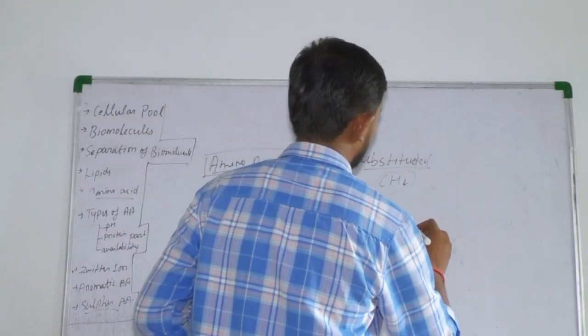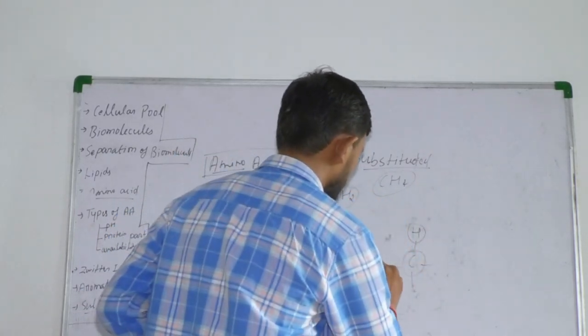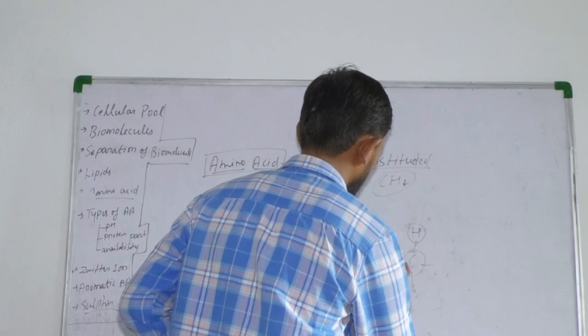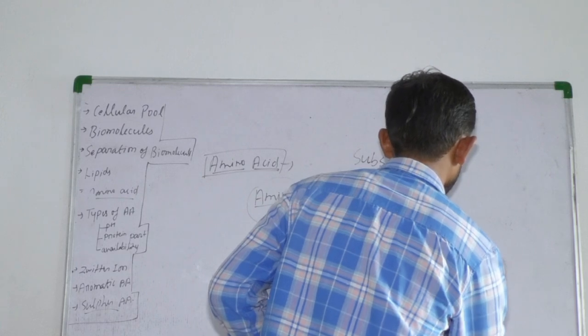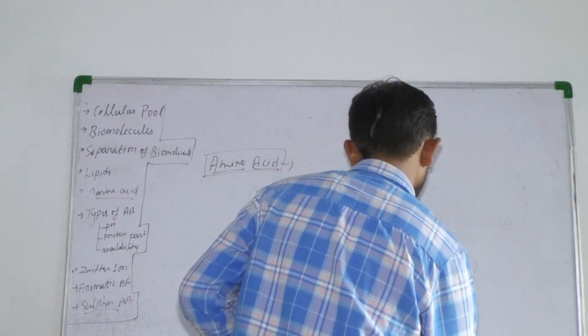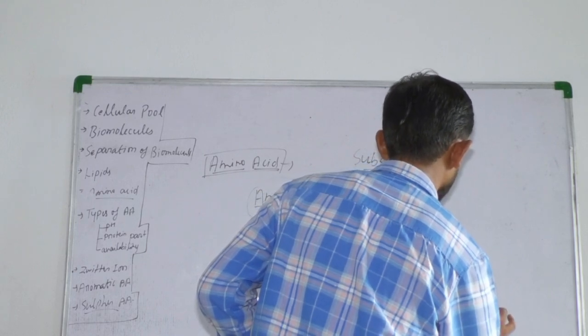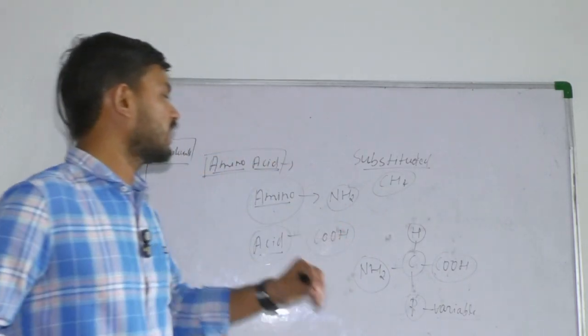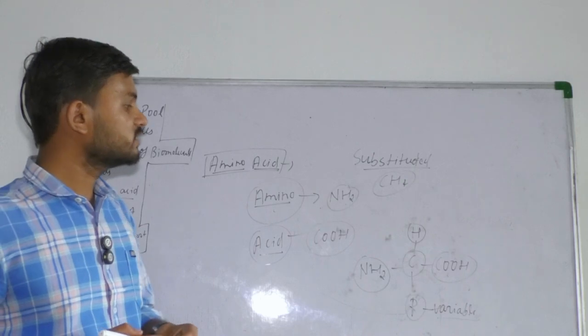So in this chiral carbon, one hydrogen is attached, one amino group is attached at the N terminal, one acidic group is attached at the C terminal, and the other is the R group, which is variable. This R group is variable in all the amino acids. So the normal structure of the amino acid is this.